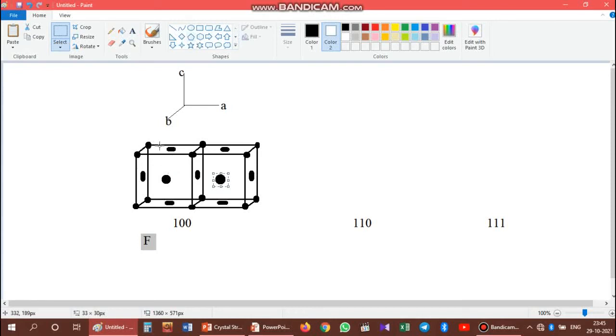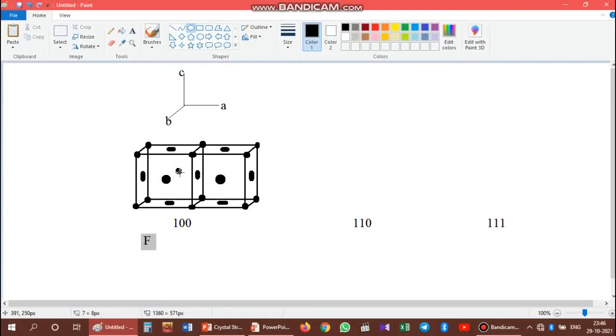Now the back face, this is the back face and its center is this one. So to bring the 3D impression, yeah, so this is the middle point.